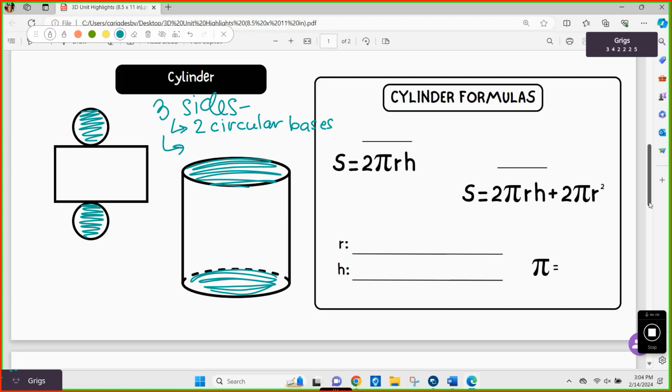Alright, so instead of saying the one face, I would call it a lateral face. So it has one lateral face. Finding just that finds the lateral surface area. Now looking at formulas. Formulas are given to you on your star chart.